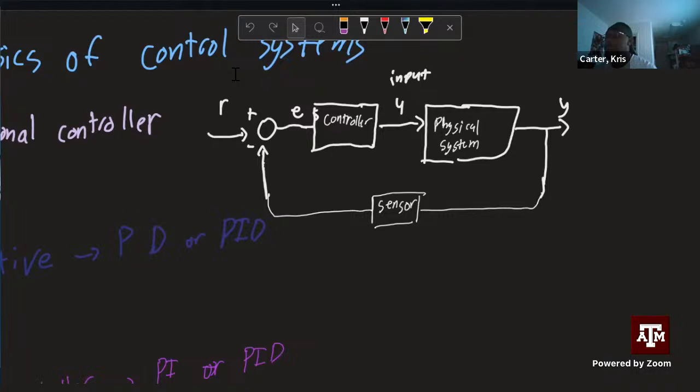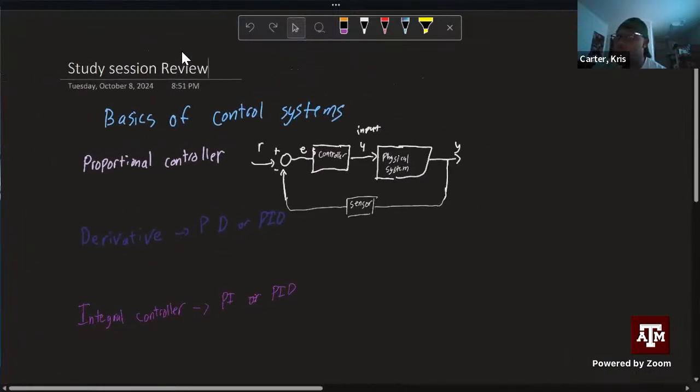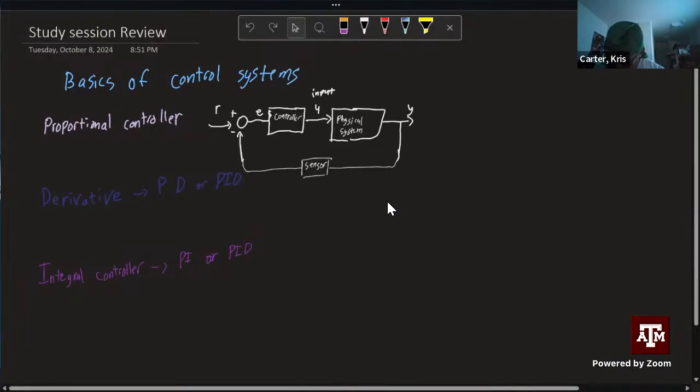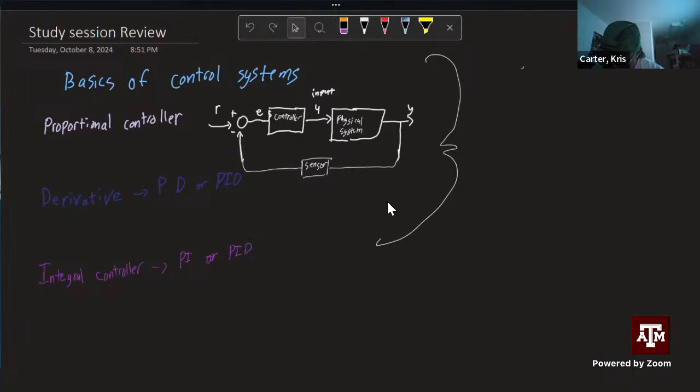So yeah, this would classify as a closed loop system. These are all closed loop systems.